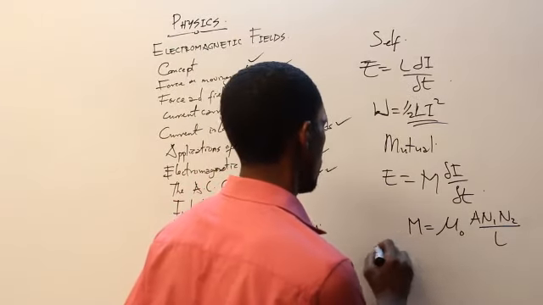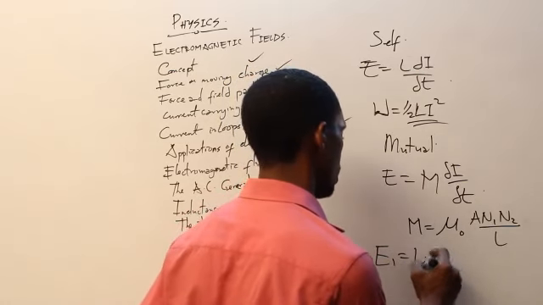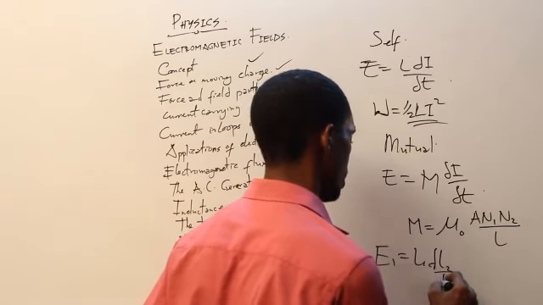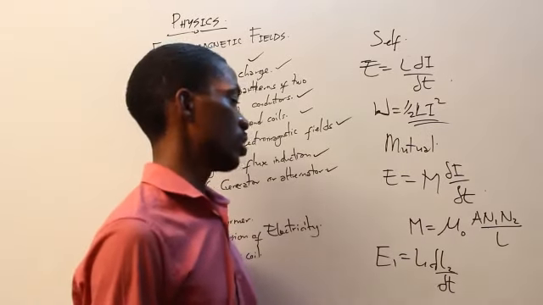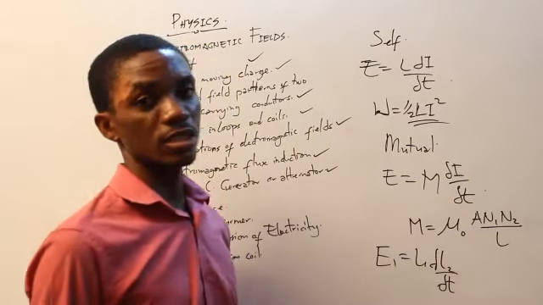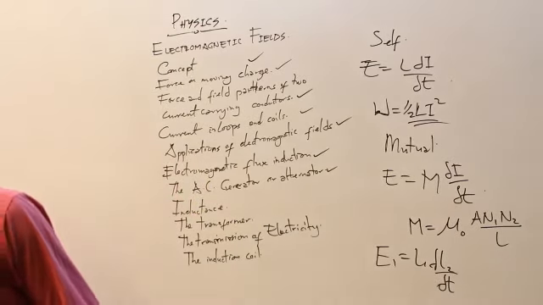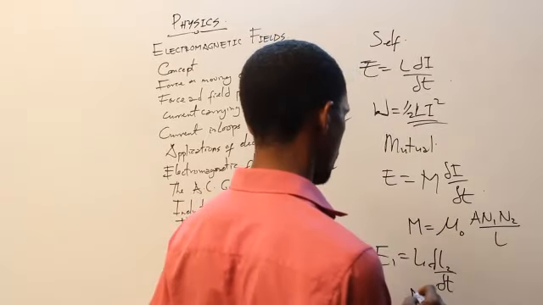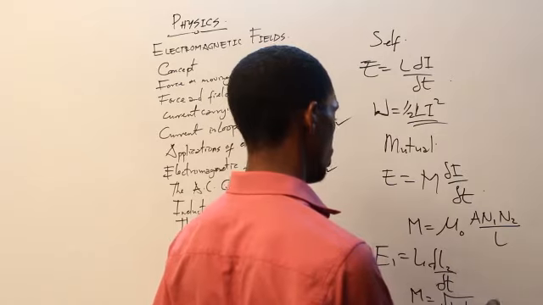That is, EMF in coil 1 equals M dI2/dt, and EMF in coil 2 will be M dI1/dt. Of course, the M at this point can be calculated as the square root of L1 L2.